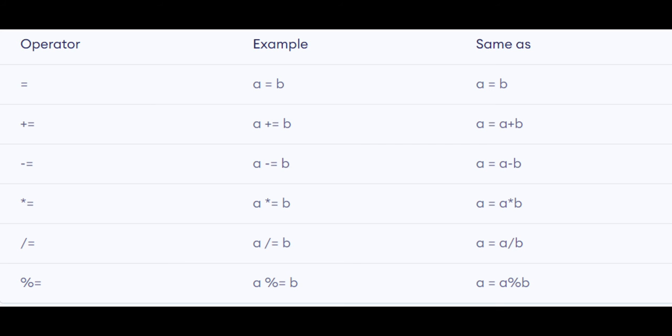Here the value of A is assigned the value of B, which means the value of B is given to A. Then we have plus equal to: A plus equal to B exactly means A equal to A plus B. Similarly, you have A minus equal to B, which is A equal to A minus B, and A star equal to B, exactly the same as A equal to A star B. Division is also the same, and the modulus operator is also used the same way.